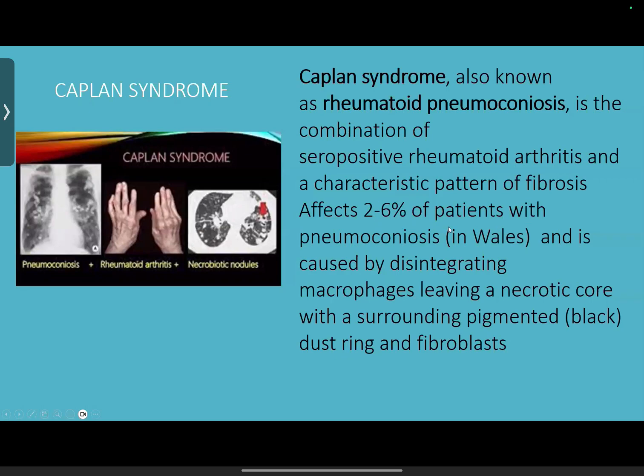When there used to be a lot of coal workers in Wales, some patients with rheumatoid arthritis showed up with this syndrome. It's really pigmented bloodstreams and fibrosis.